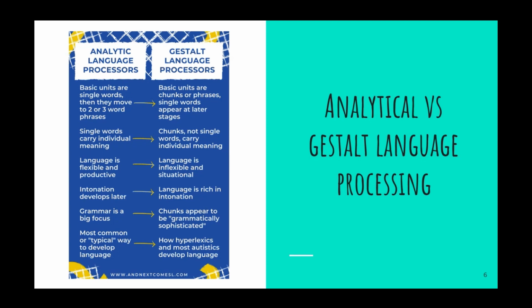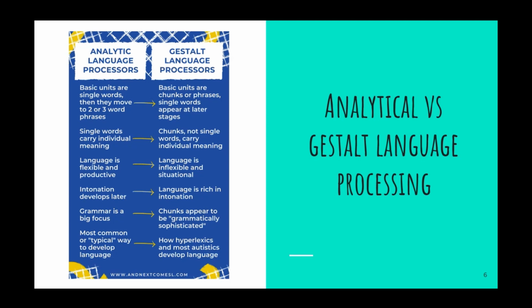Another important thing to think about is who actually uses analytical language processing or Gestalt language processing. So we've already said that there are lots of accounts of autistic children using echolalia, and Gestalt language processing seems to make sense for quite a lot of autistic children. One of the key theorists suggested that some people who mostly use analytic language processing might also use Gestalt language processing, but it doesn't necessarily go the other way around.